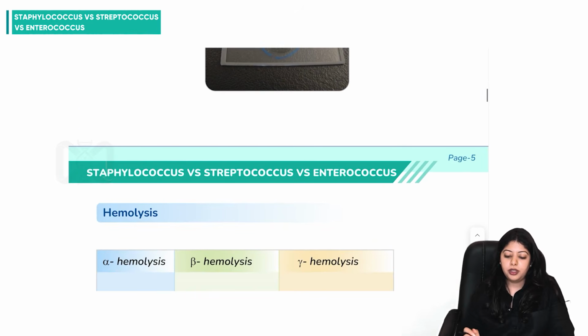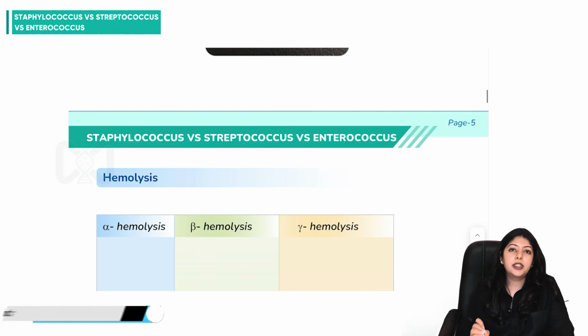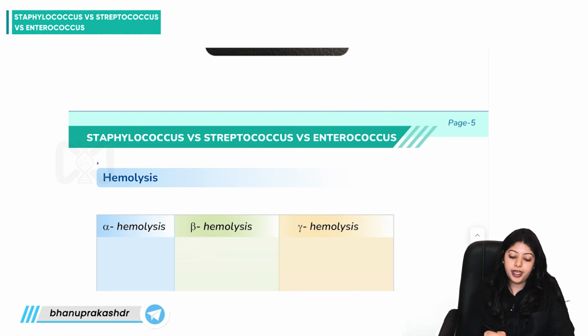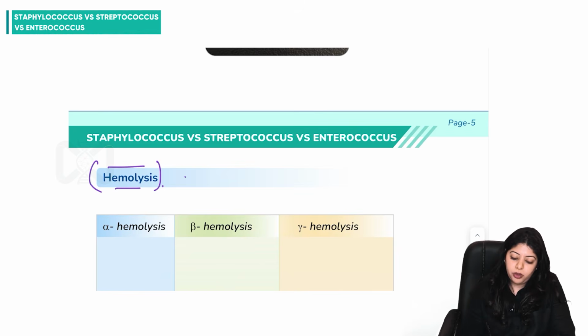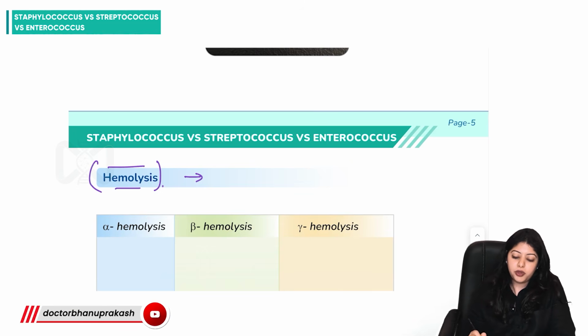So now coming to the next important differentiation, the next important test which is going to help us narrow down these bacteria, is hemolysis. Now, since catalase is also an enzyme, hemolysis is also caused by an enzyme, which is hemolysin.